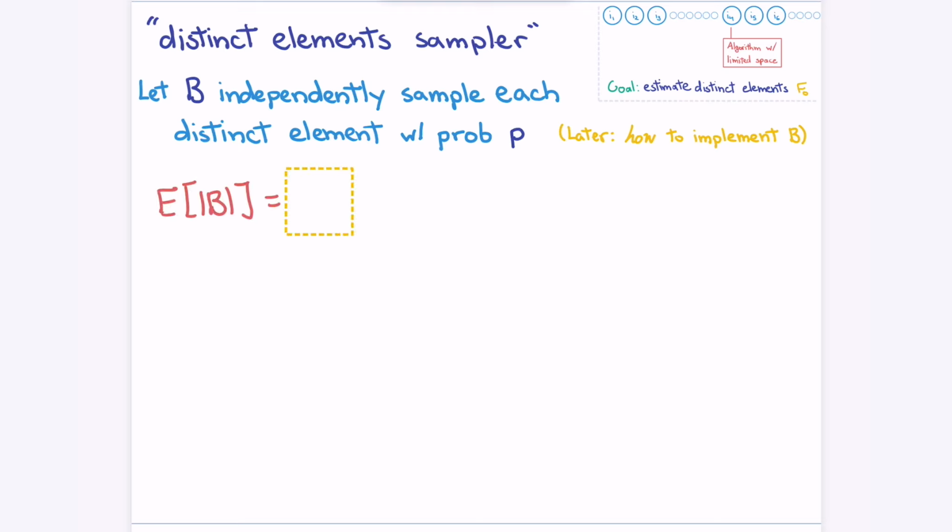Let's figure out what's the expected value of B for some fixed p. How many elements should be in B? What's the expected number of elements in B?